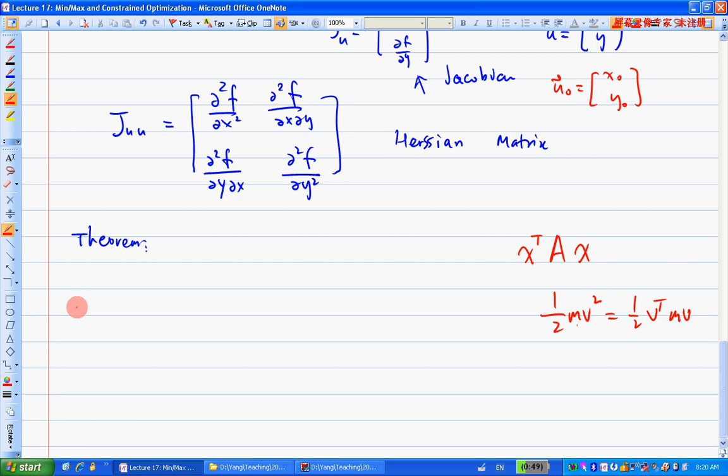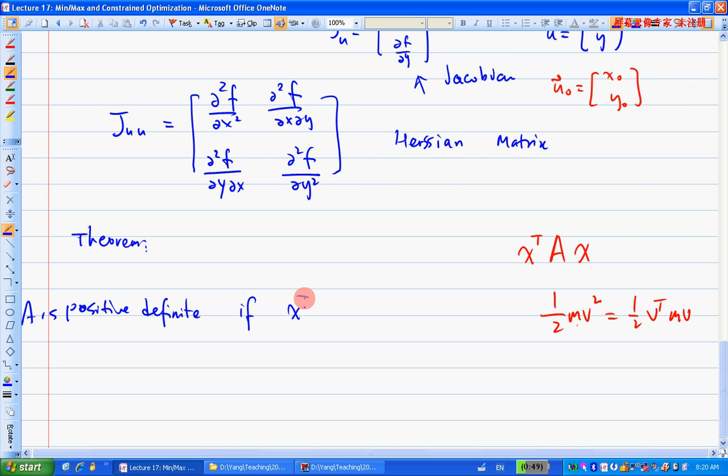Positive definite basically means, let's say A is positive definite if x transpose A x is greater than 0 for any x not 0, where x is a vector.